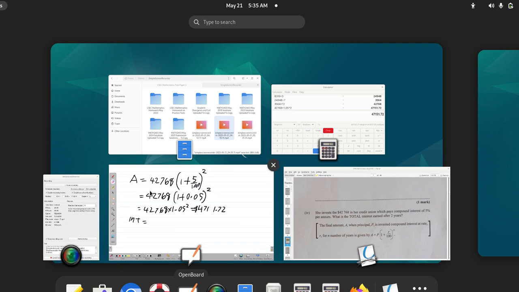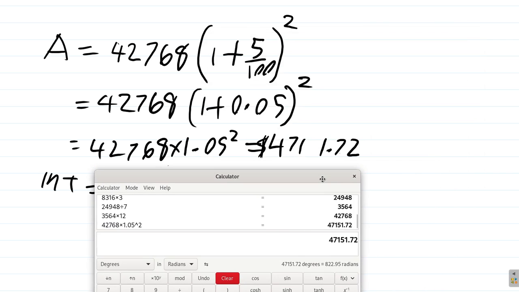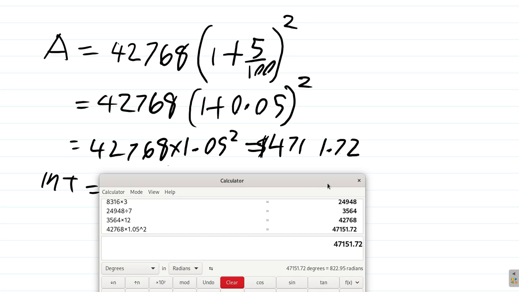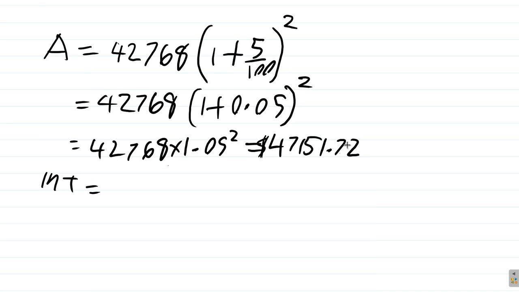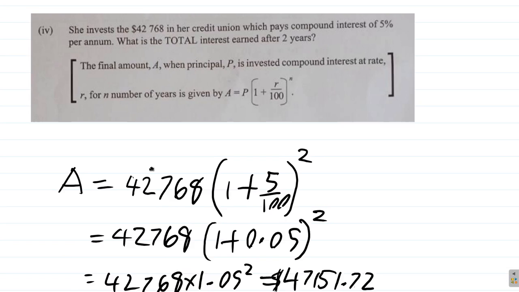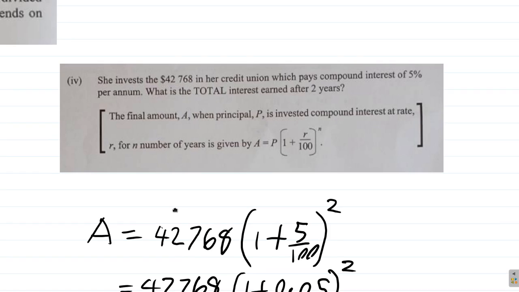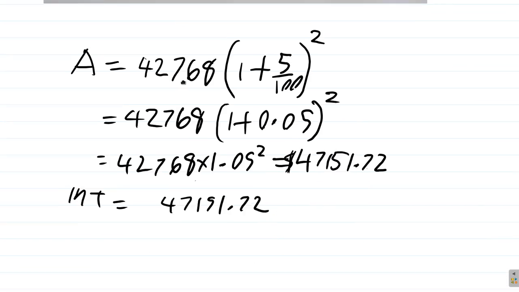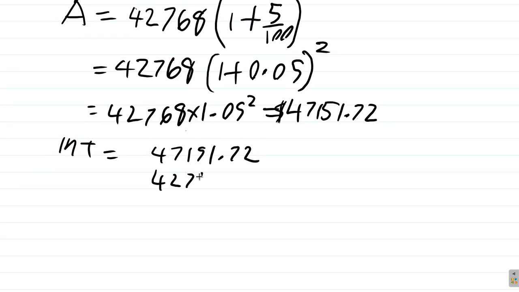Just to double check, the calculator says 47,151.72. Oh boy. Minus what again? She invested 42,768.